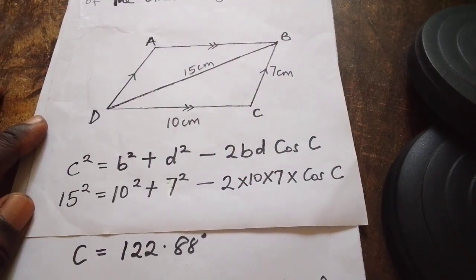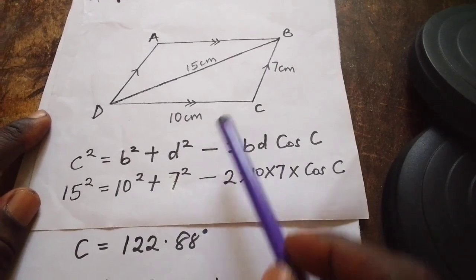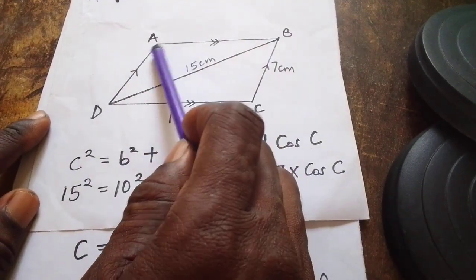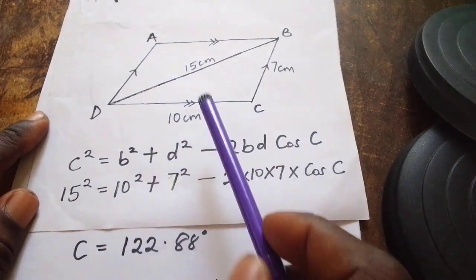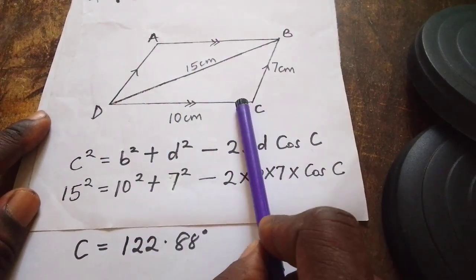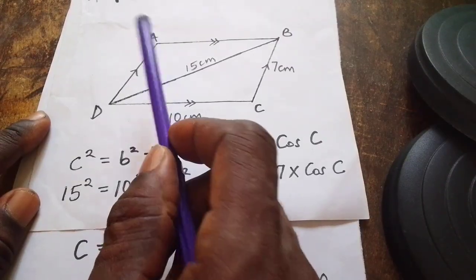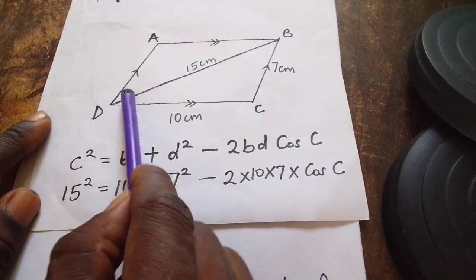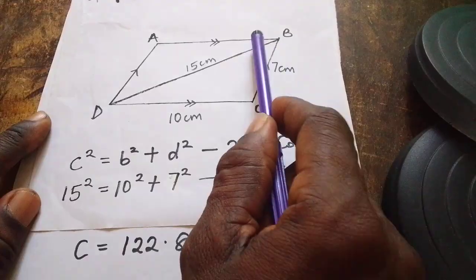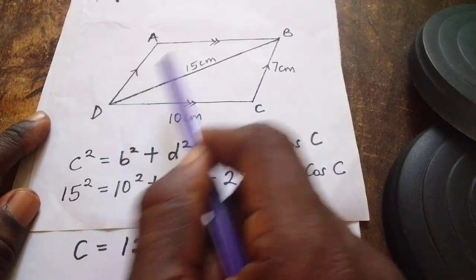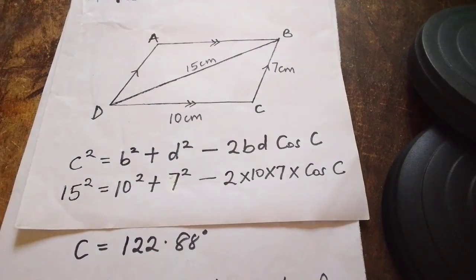Now you realize that this angle here will be equal to this angle here. So if this is 122.88, this angle is also 122.88. Now this angle here will also be equal to this angle here. Opposite angles of a parallelogram are equal.